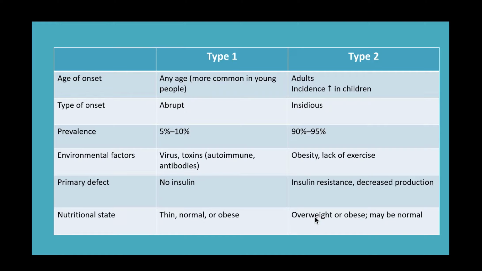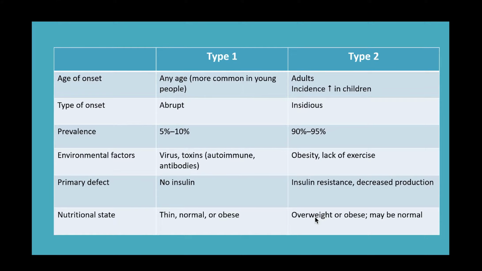The beta cells of the pancreas are destroyed and no longer produce insulin. That is where the autoimmune component comes into play. There's research that suggests, though we still do not know where type 1 comes from, that the immune system recognizes the beta cells of the pancreas as foreign and attacks them, rendering them unable to produce insulin.